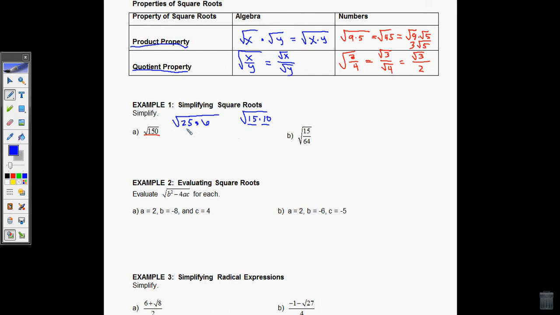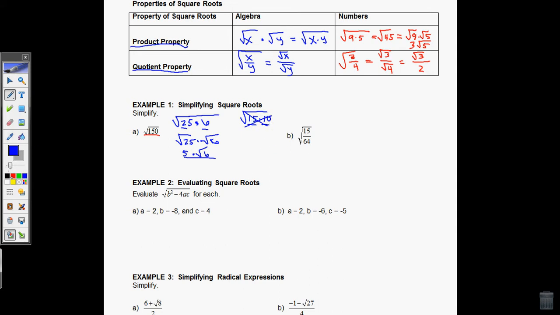The good thing about 25 and 6 is that when I split it into the square root of 25 times the square root of 6, I actually know the square root of 25. It's 5, which leaves me to just multiply that by the square root of 6, and I have a simplified version, 5 square roots of 6. This one's not going to work. I don't know the square root of 15 or 10.